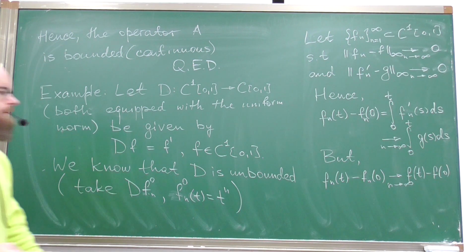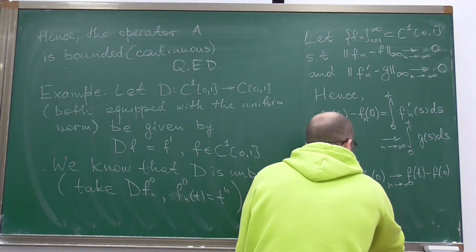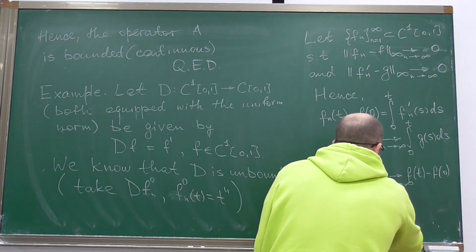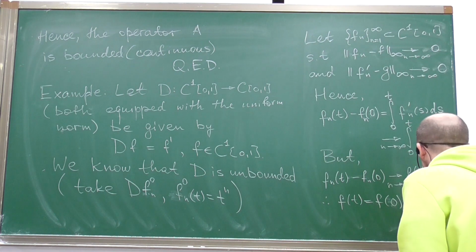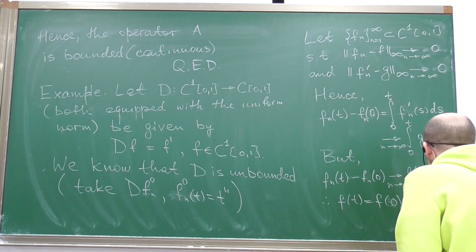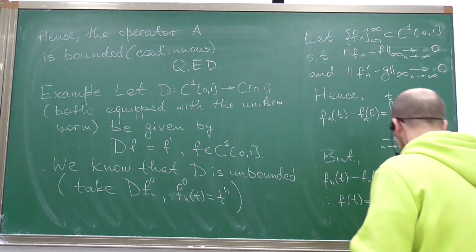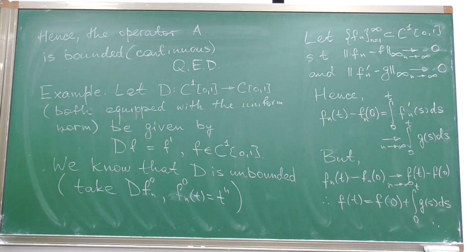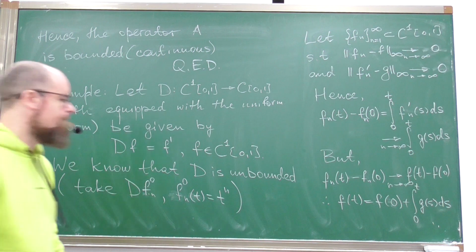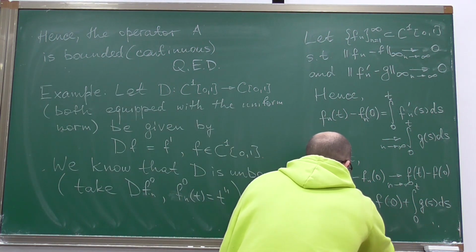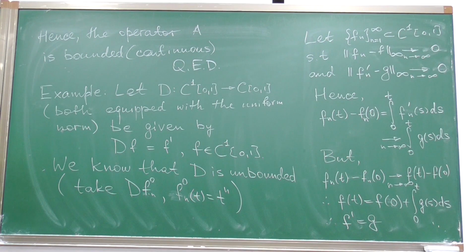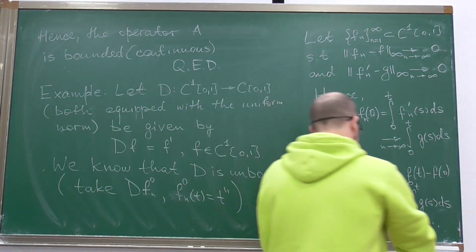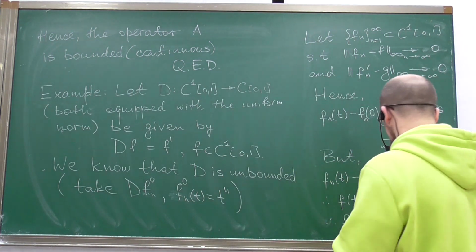Combining these together, we get that f of t equals f of 0 plus the integral from 0 to t of g of s ds, which means that g equals f prime. And so the graph of this operator D is closed. I have no room to write it down.